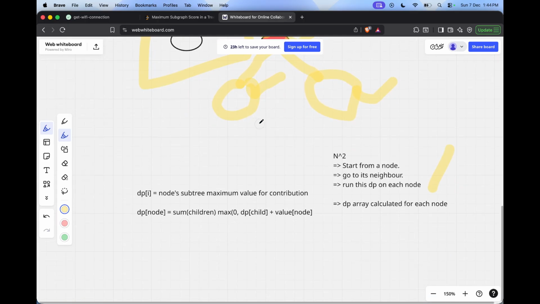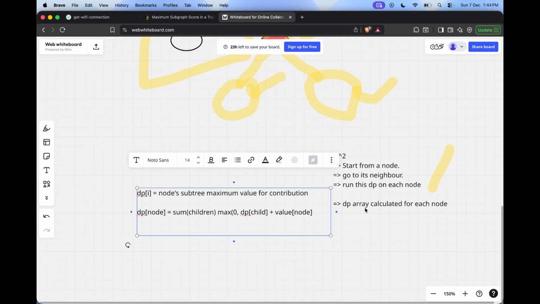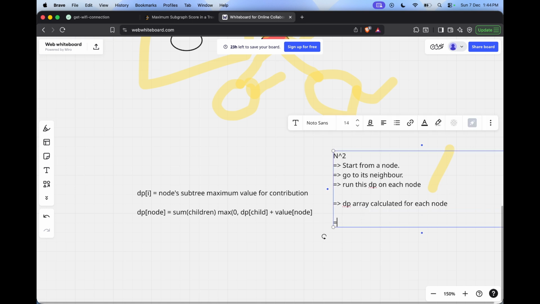So what did we analyze? For children c of a node n, the contribution is equal to DP at node minus DP at neighbor, because DP at neighbor was itself taken as max with 0.